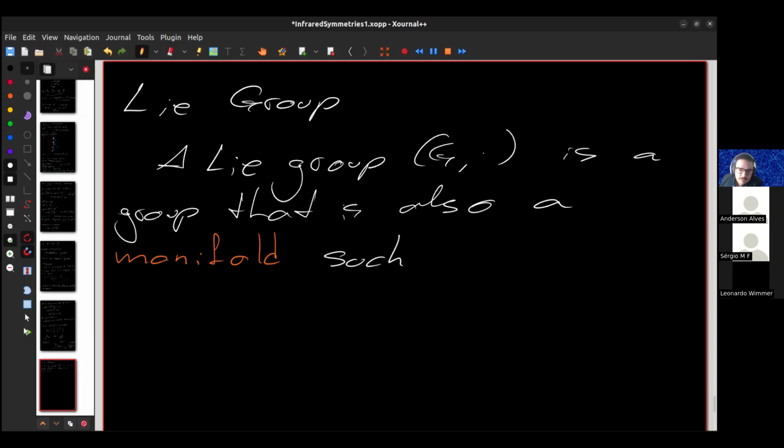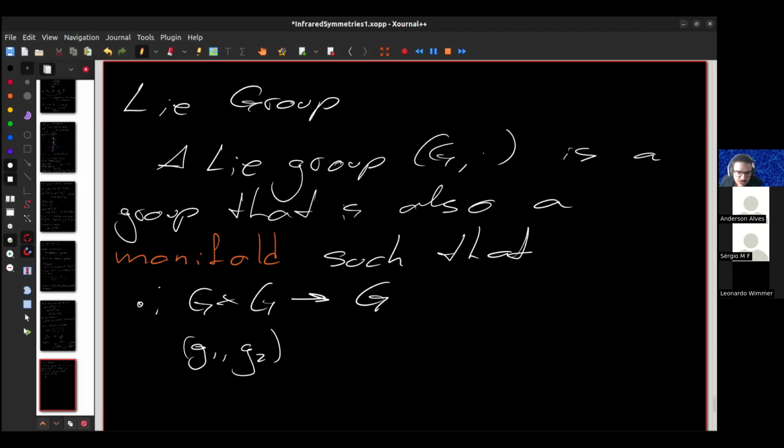So a group that is also a manifold such that the following operations are smooth. The first is the product operation, which takes g1 and g2 to g1 times g2.